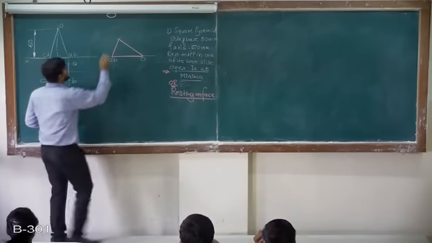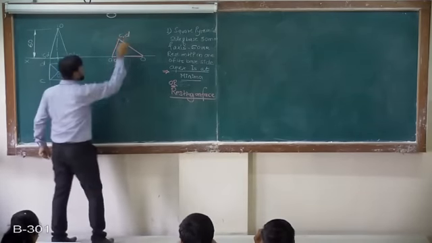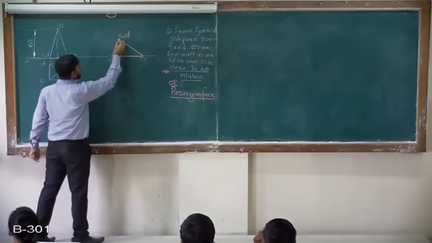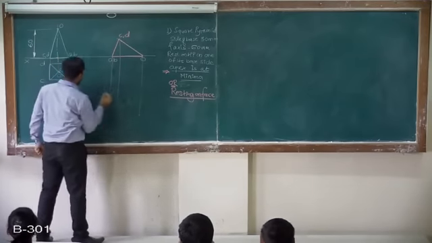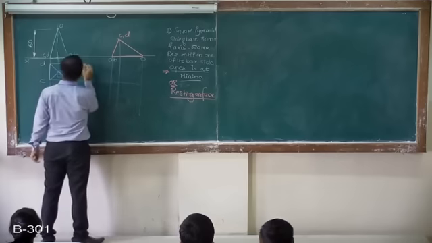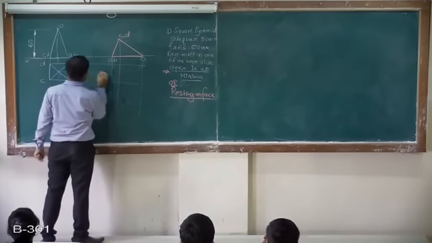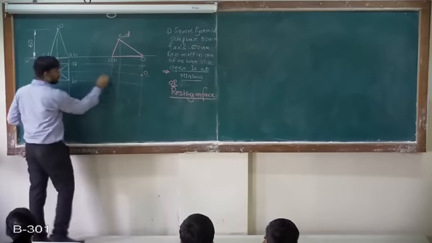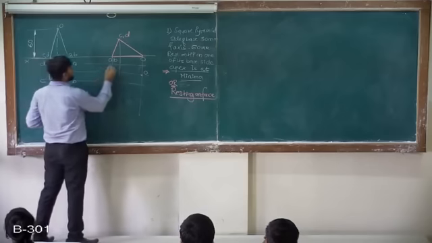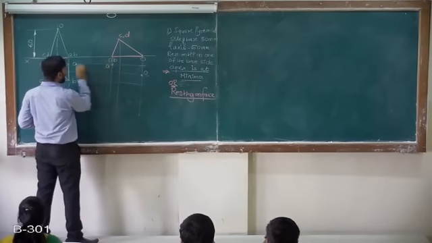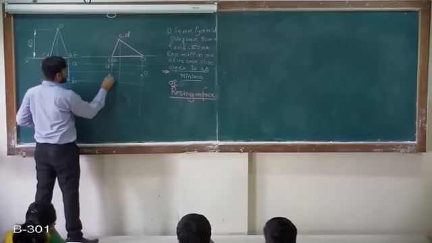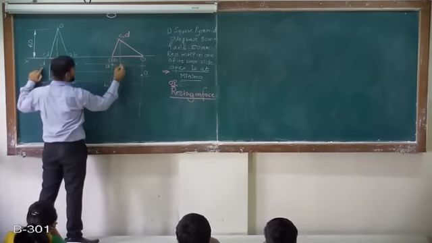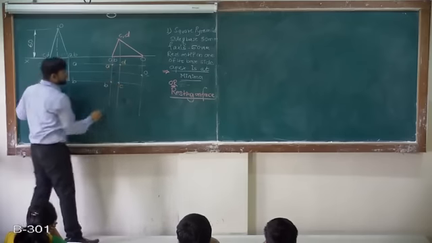This point is C. Take the projections of A, B, C, D and O. So this is point O, the projection of O. Similarly locate this point A and this is B. This point is C. This is the projection of D. So this is D and C.